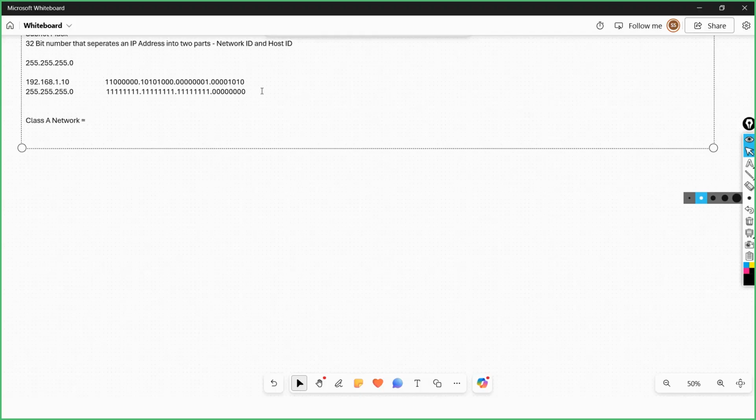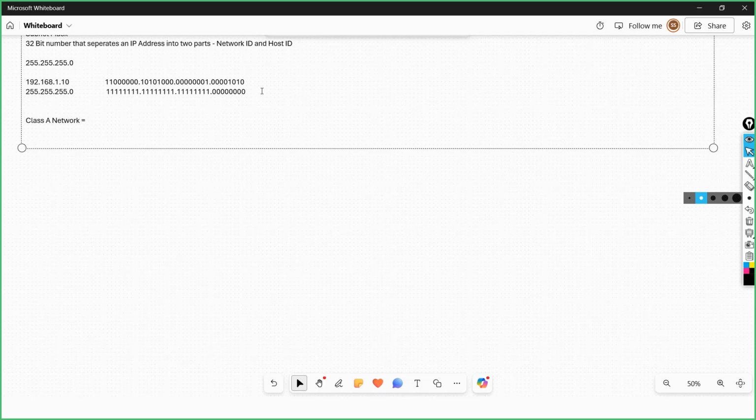In a class A network, the first octet represents the network ID, right? And the second, third, and fourth octets represent the host. So 8 bits are for the network. So how will we calculate how many hosts there will be?